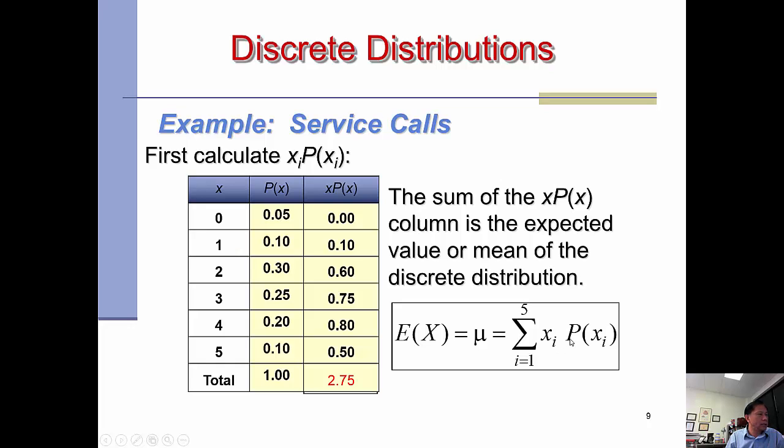In this case, if all of them have the same opportunity or same probability of occurring, the Pxi will be 1 over n. In that case, this will simply be the sigma of xi over n. And that's exactly the equation to calculate the mean. That's why you can see that the equation we use to calculate the mean is just one special case of this expected value.